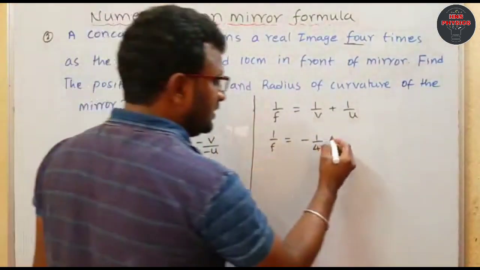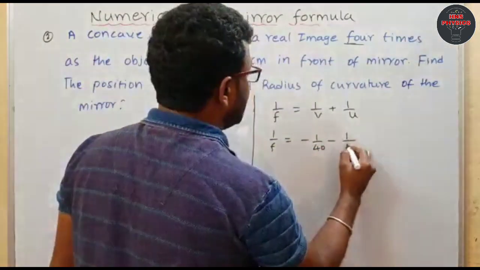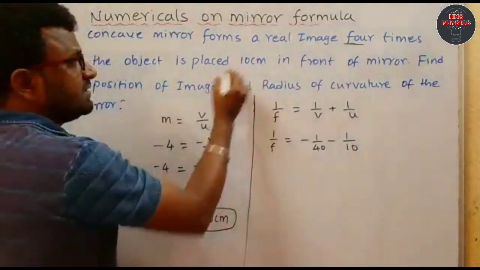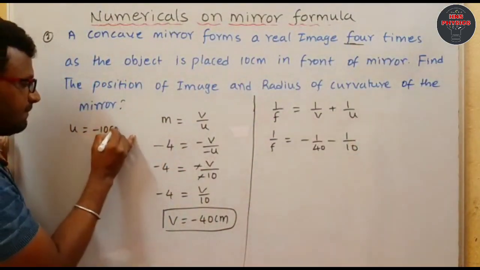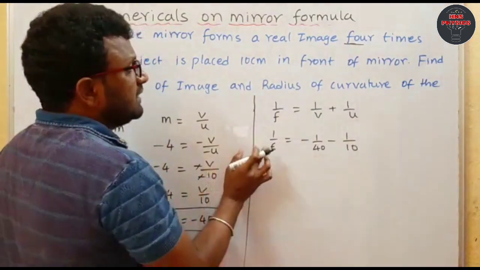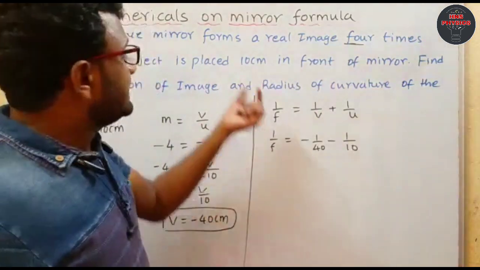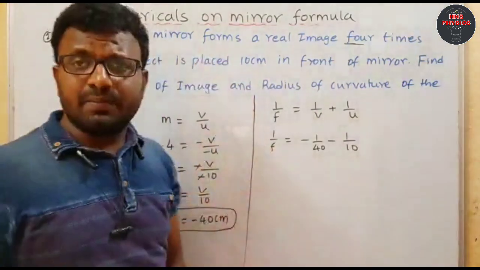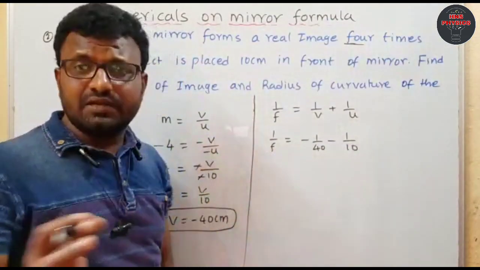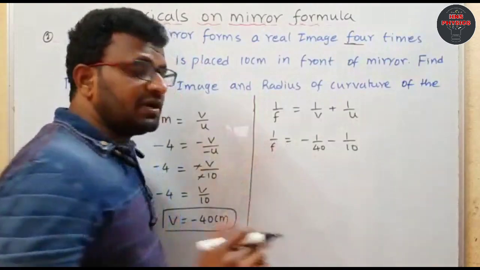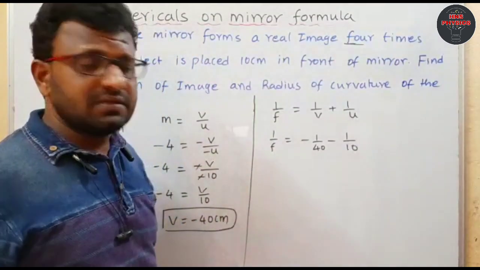Object distance also negative, so minus 1 by 10, because U is equal to minus 10 centimeter. Now we have to find the focal length. It is a concave mirror. Concave mirror means compulsorily the focal length is negative. If that value comes negative, that answer is correct, otherwise that is wrong.